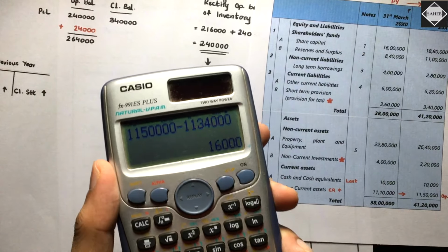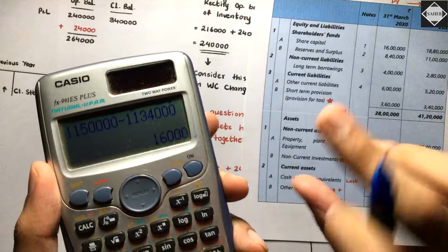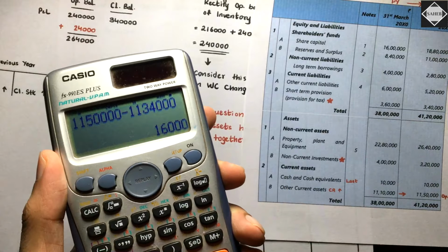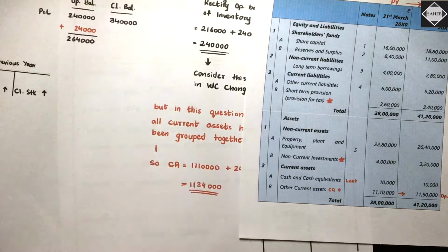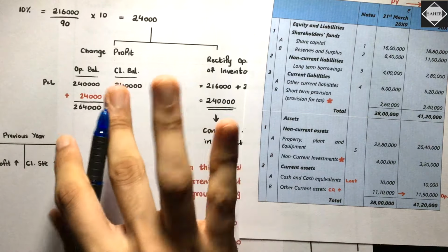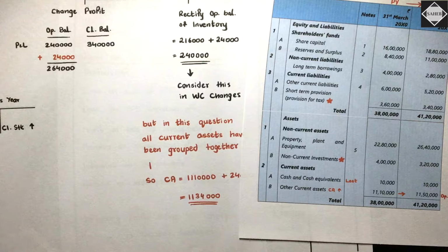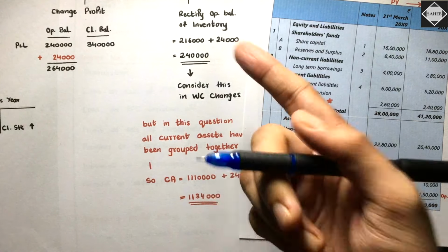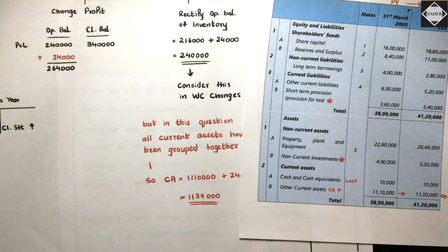You see, in working capital changes, what are we doing? We are considering the updated balance of inventory. You have to understand that two effects are happening. One effect is in profit, the retained profit change. Then below, we are also considering the updated balance in working capital changes. So actually the effects are nullified.